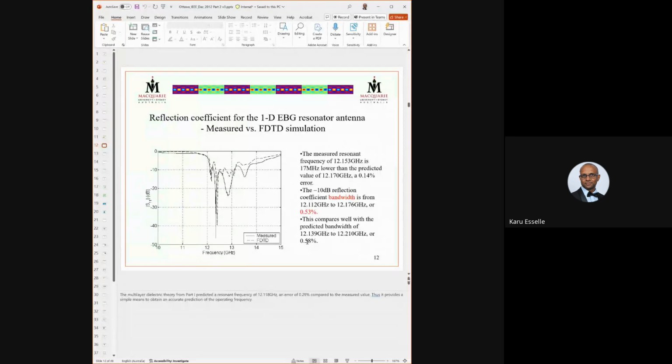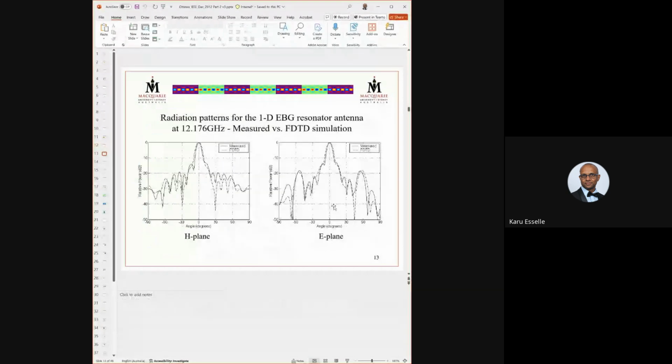So we predicted the resonance frequency and the bandwidth, and this is the actual measured bandwidth. And the radiation patterns, etc.